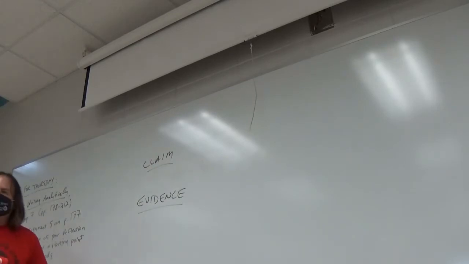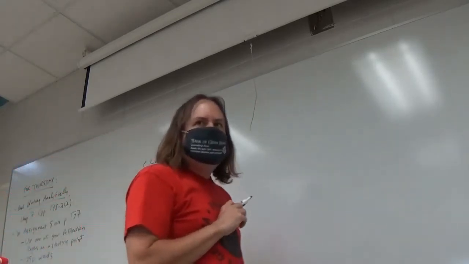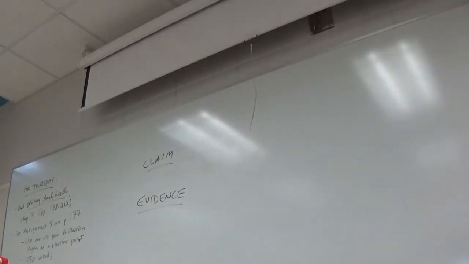So like your opinion or your belief? It can be opinion or belief, right? But usually when we say opinion or belief, we're talking about something that we don't really connect to evidence, right? So when you're making a claim about something, you are making an observation about it that requires some sort of backing, right?